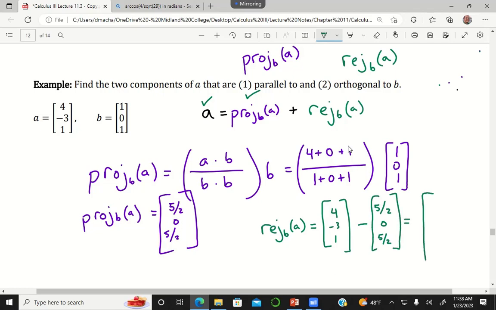So 4 minus 5 halves would be 3 halves. Negative 3 minus 0 is going to be negative 3. And then 1 minus 5 halves is going to be negative 3 halves. Okay. And that's all there is to it.